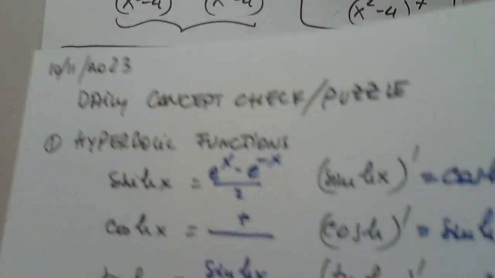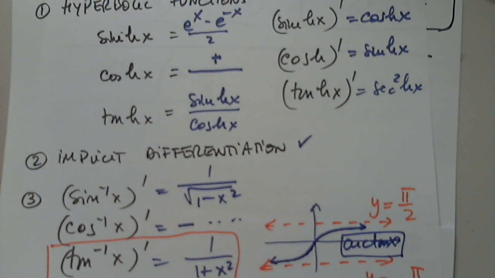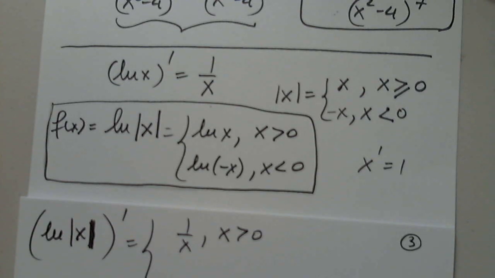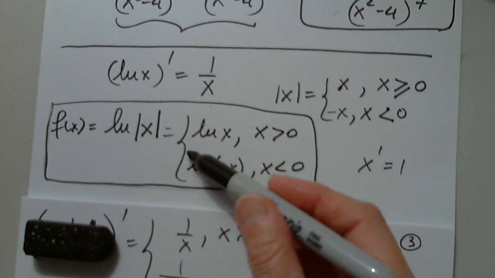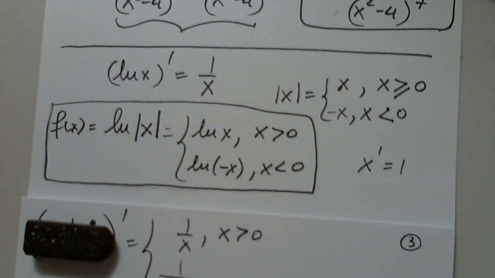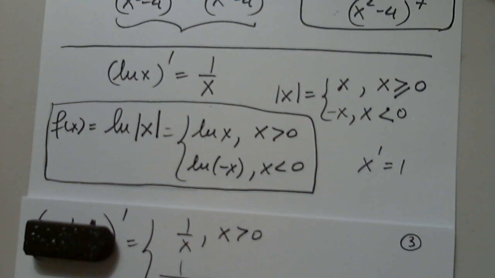Okay, here's the formula. One over the absolute value of x. We don't have the absolute value. We are differentiating this. Oh, okay. 1 over negative x. Excellent. Times the inner function prime.